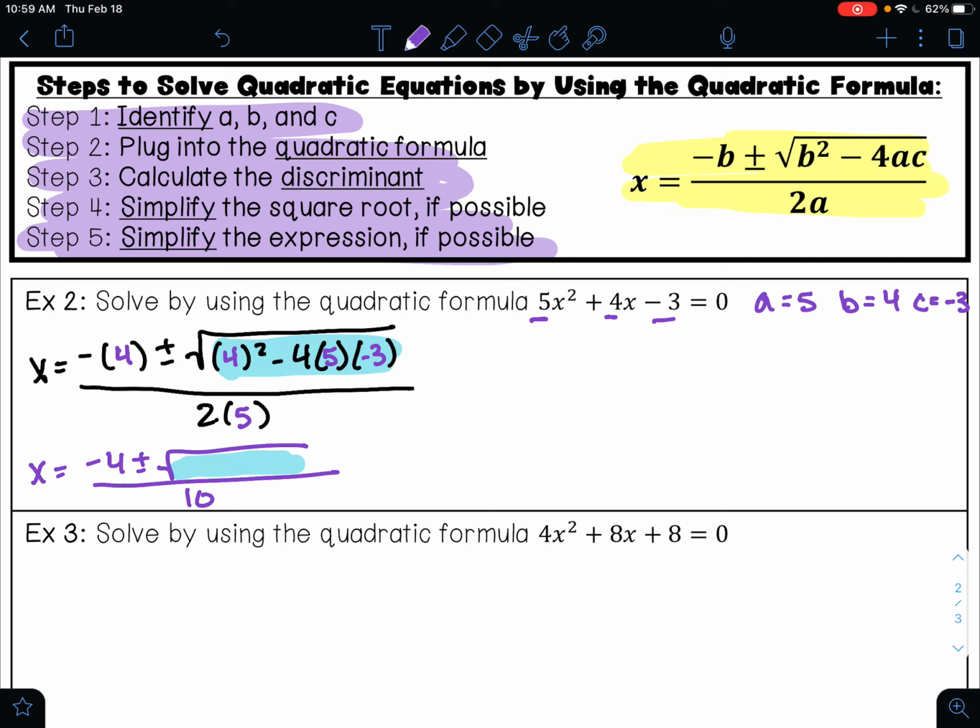I'm going to do this in my calculator. Let's see. So I'm going to have 16 plus 60 is 76.